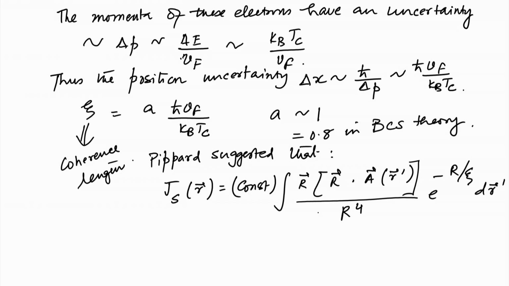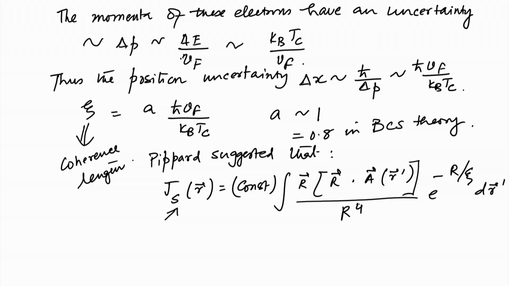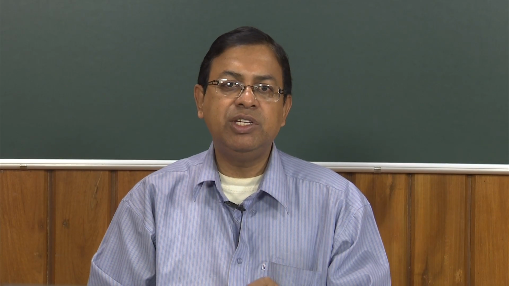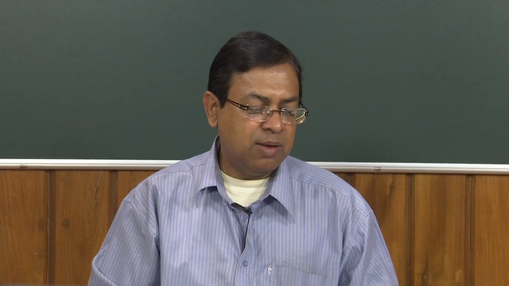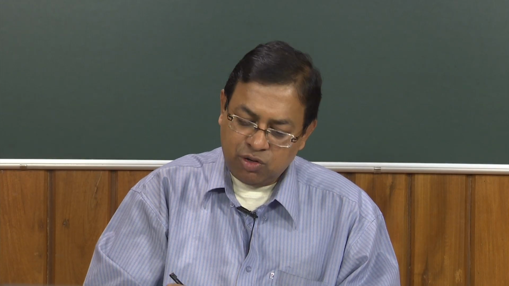So, this is how the non-locality in the supercurrent density comes, that the supercurrent density at a given position r depends on the electric field in this particular fashion, that there is a region centered around r prime, every point in that region contributes, and a characteristic length scale comes out of it. And we have introduced this earlier.